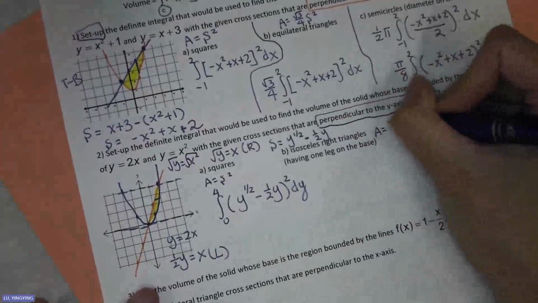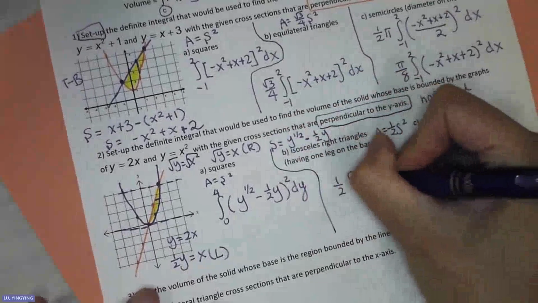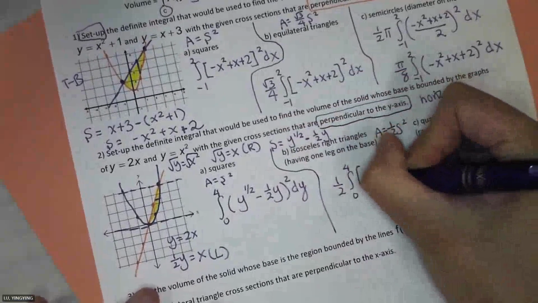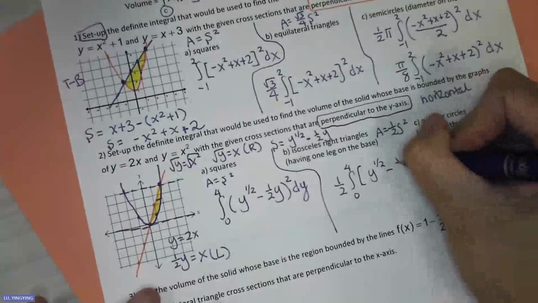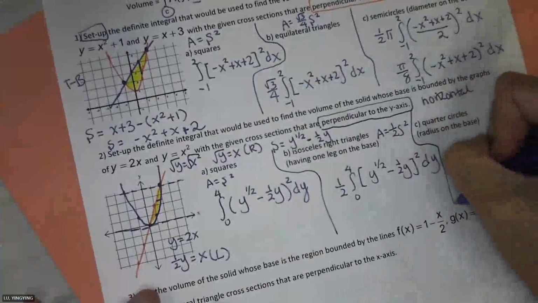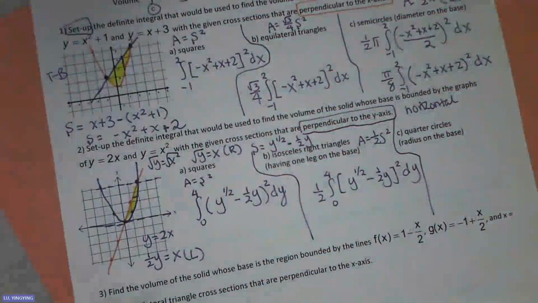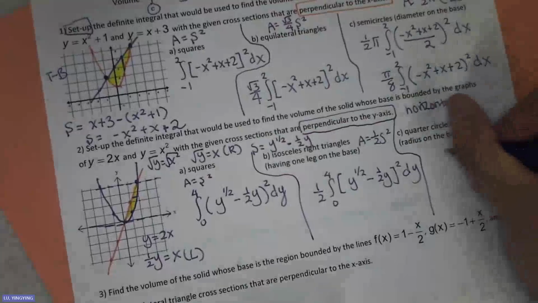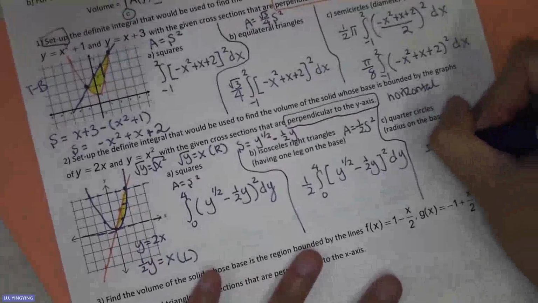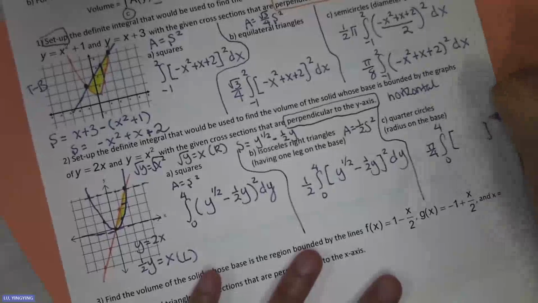So here is 1/2 s squared. And then for the quarter circle, we already kind of show you already is 1/4 pi s squared. That one s is already the radius. So here I'll just put pi/4 in the front, and then s squared here.